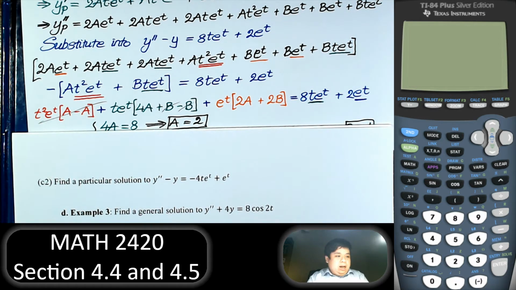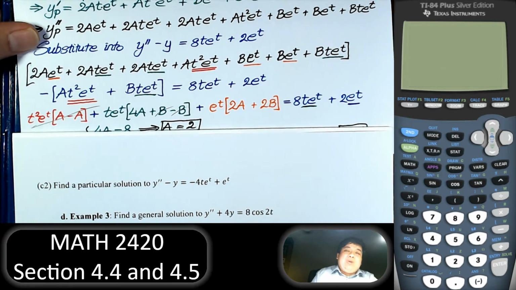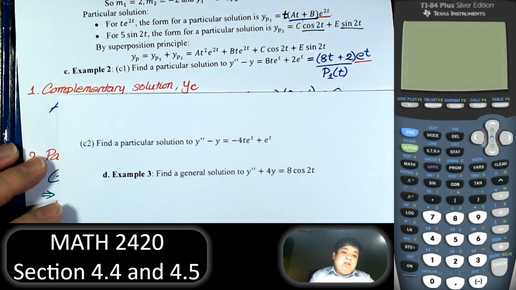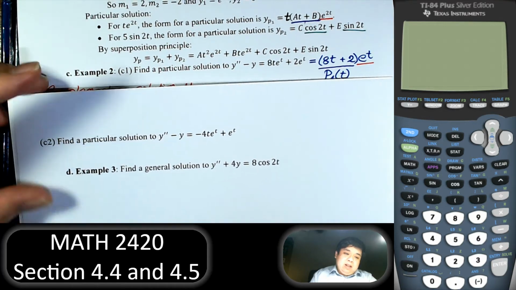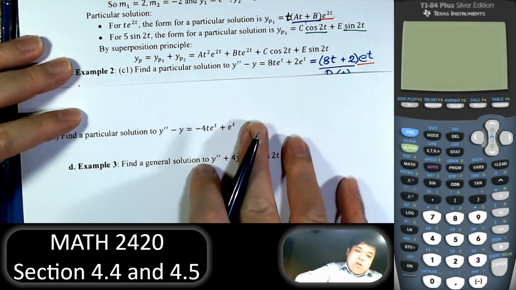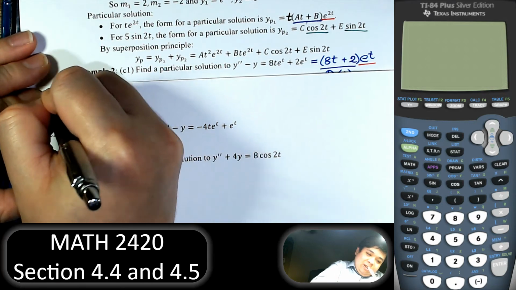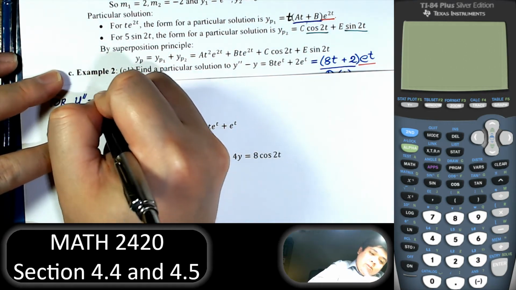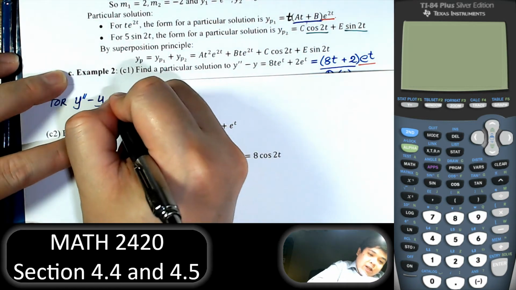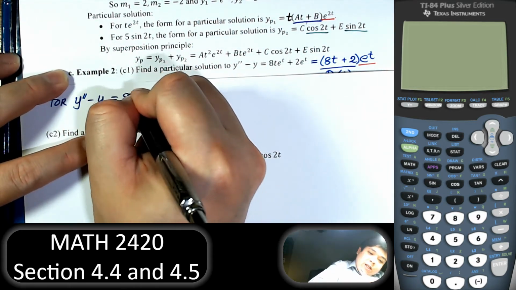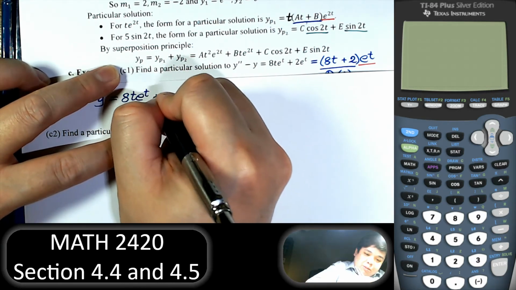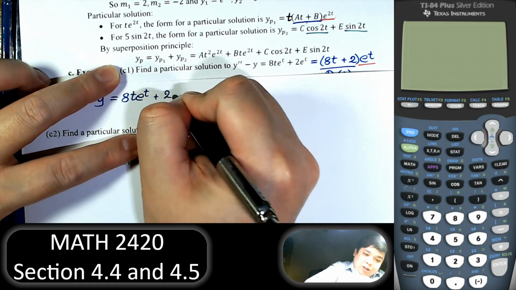Well, let's just write what we have from the previous example. Of course, there must be some trick to this. So from the previous example, we have this solution. So 4y double prime minus y equal to 8t e to the t plus 2e to the t.